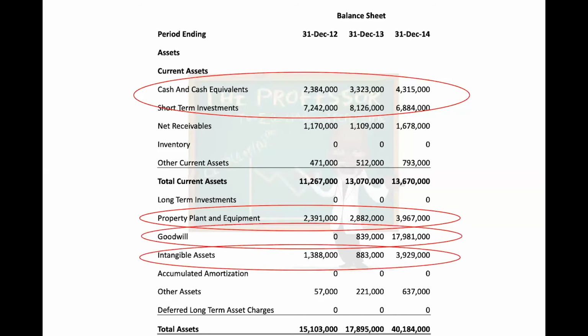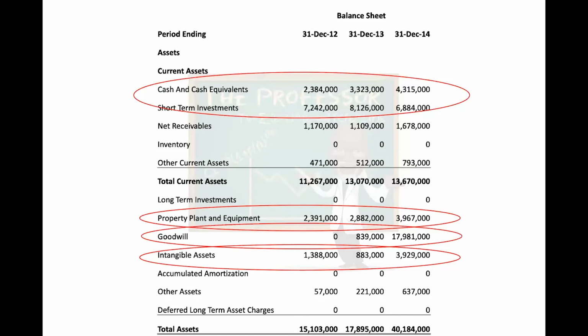These last two items I have circled here on the balance sheet under long-term assets are goodwill and intangible assets. The reason why I circled them is this. Goodwill is a non-performing asset. Goodwill generates no revenue, no income for a corporation.